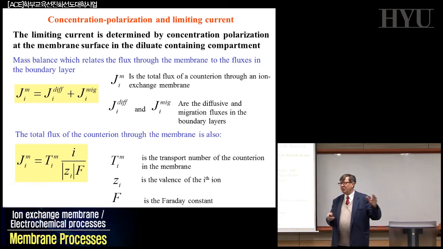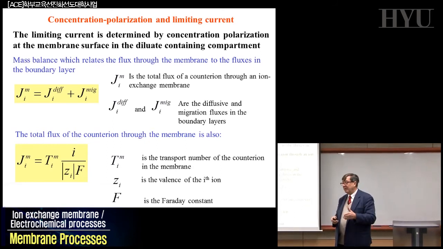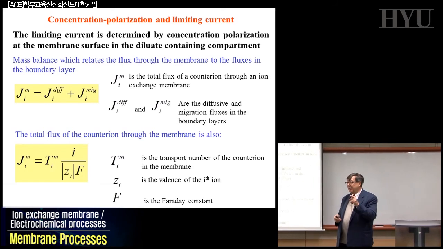If you have a system in which all the current is transferred by positive and negative ions from one side to the other side of your cell, and suddenly we put a membrane inside, in these membranes most of the current is transferred not 50-50, but 100% by single ions. What is going to happen is that at one point these single ions arrive at the membrane with 50% of the amount.